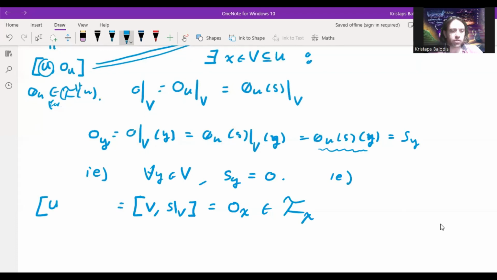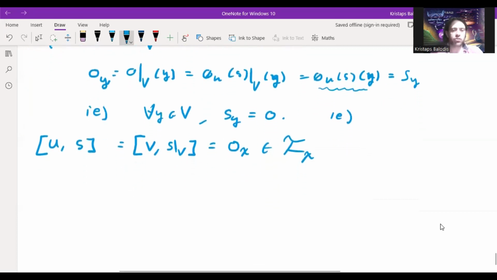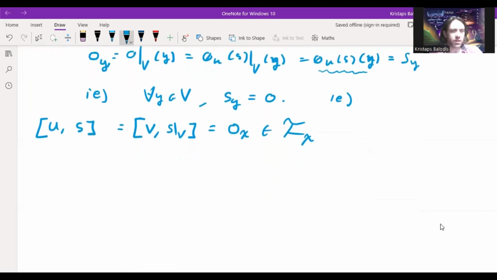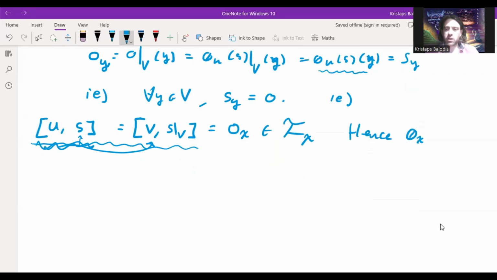But this is the same thing, right? Because this is the same thing as, I claim that these two germs are equal, right? Because of course, all I've done is I just took this function and I restricted it to V. So that implies that the germ we started with must be zero, hence the induced map is injective.